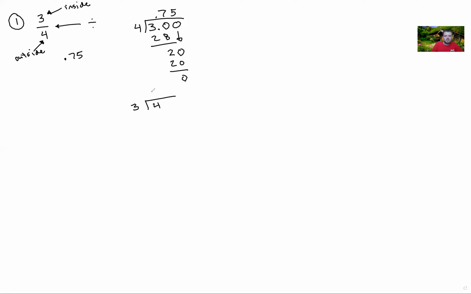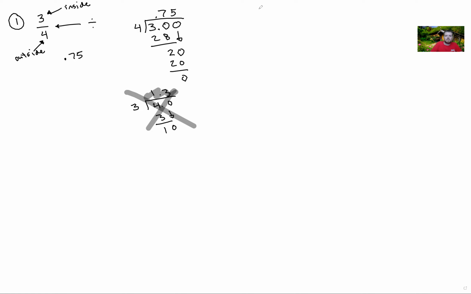And I start doing my long division. 1, 3, subtract 1, bring down the 0, 3. Right there should set a red flag because you should know that 3/4, at the very least, is smaller than 1, right? It's not a whole number. So if I see a 1 up here, that would sort of set a red flag for me that, hey, I may have made a mistake. So that's one way you can tell that maybe you got the numbers mixed up. So just be aware of that. We don't want to flip those numbers, okay?